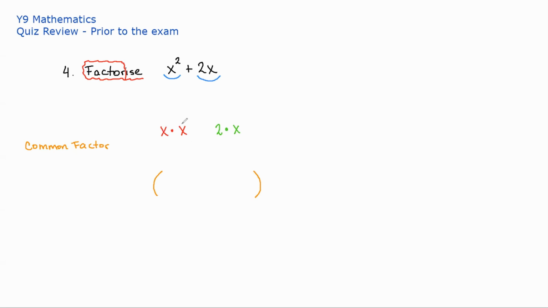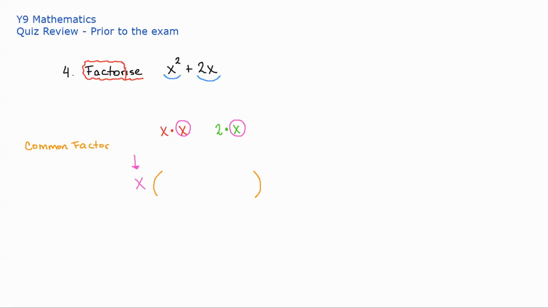Well, in this case, I have to see what is repeating for the first term and the second term. And whatever is repeating, I'm going to put it in front of the parentheses, okay? In this case, I have x, and then I have 2x. So I have 1x and 1x. And I'm going to put only 1x here because it's only the letter that is repeating. So you say x, and you put it in front of the parentheses.